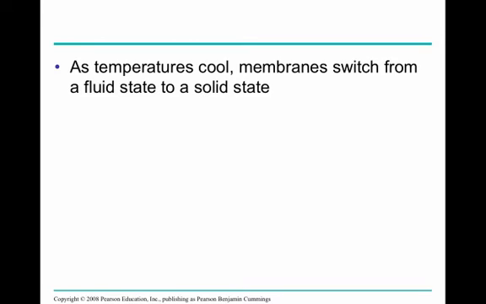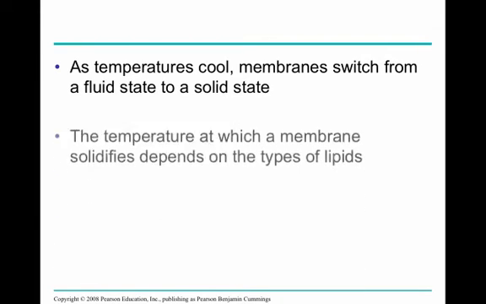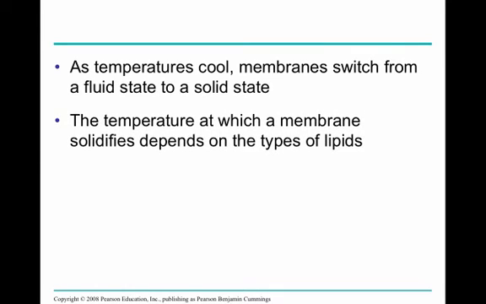But think about cooking oil. When it goes from an oil to a solid, like if it's in the refrigerator, things can't get through. So we need to maintain that fluid nature of the membrane. We don't want it to become solid or the cell will die because it can't allow stuff across it.